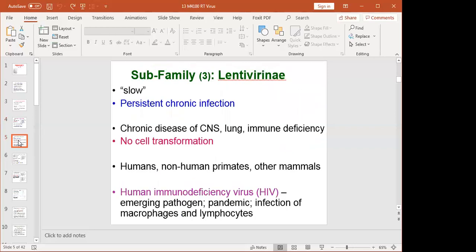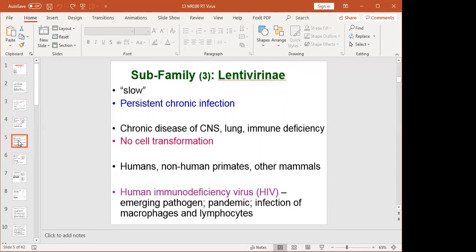The third subfamily is called Lentivirinae, lenti, slow-growing viruses. Because they are slow, they can cause persistent chronic infections, those infections that stay for a long time and are not acute. The lentiviruses do not cause cellular transformation.